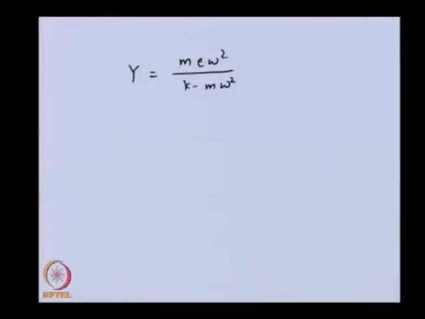If we divide by omega square in numerator and denominator, we will get, also I am dividing by mass.